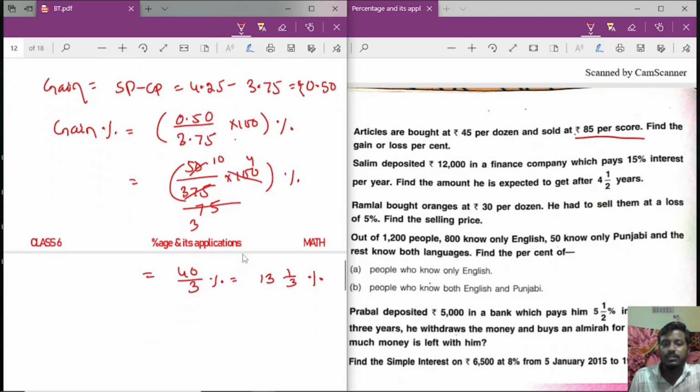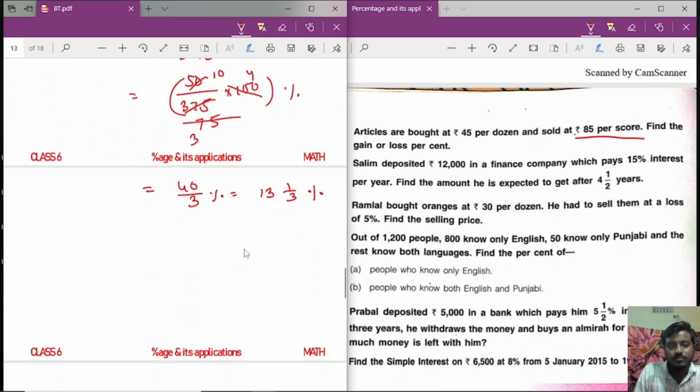Now next question. Salim deposits, meaning principal, that is P equal to how much? 12,000. Now a finance company pays 15% rate of interest, meaning R equals 15%.